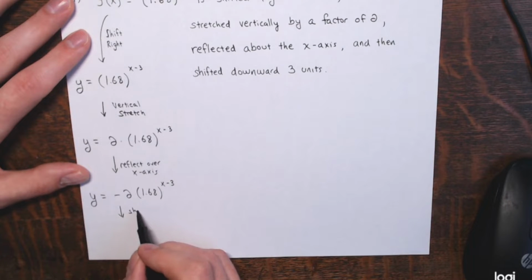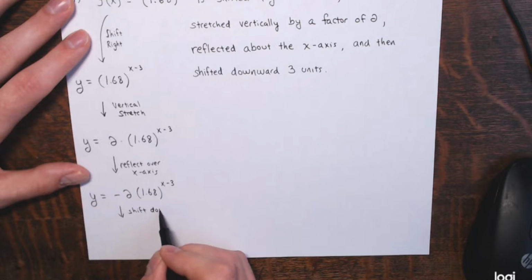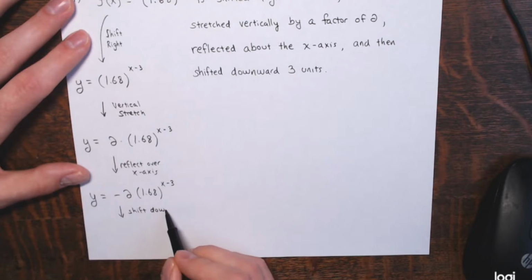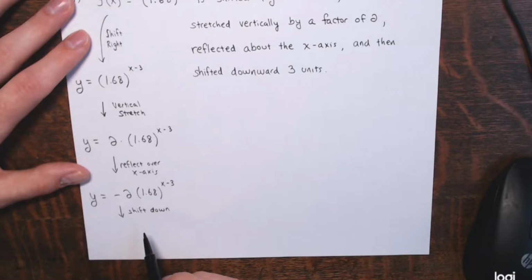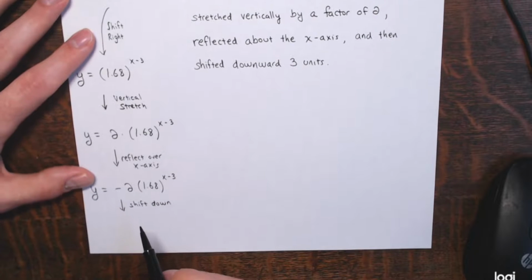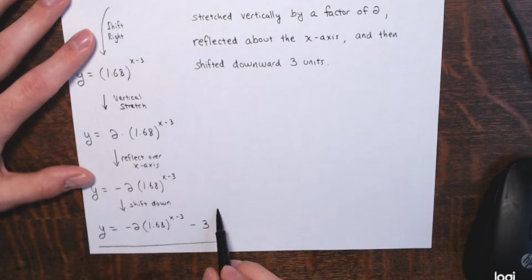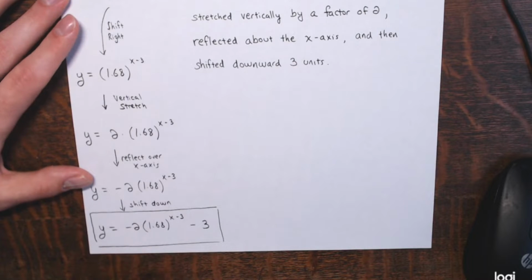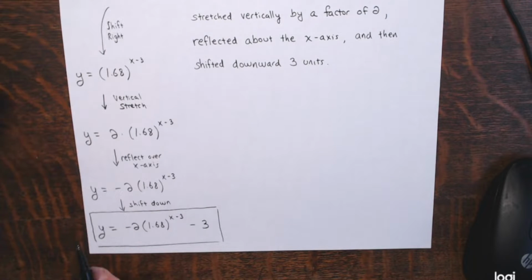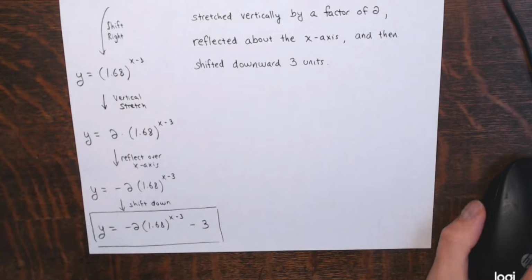So a shift down, and the reflection across the x-axis and this shift downward will actually change the range. Right. So now we have y equals -2 times 1.68 to the x minus 3 power, and then minus 3 afterwards, right, to shift it down 3. And this is the final function, what it would look like after performing all those transformations. All right, and once again, go to Desmos and we'll see all these happening.